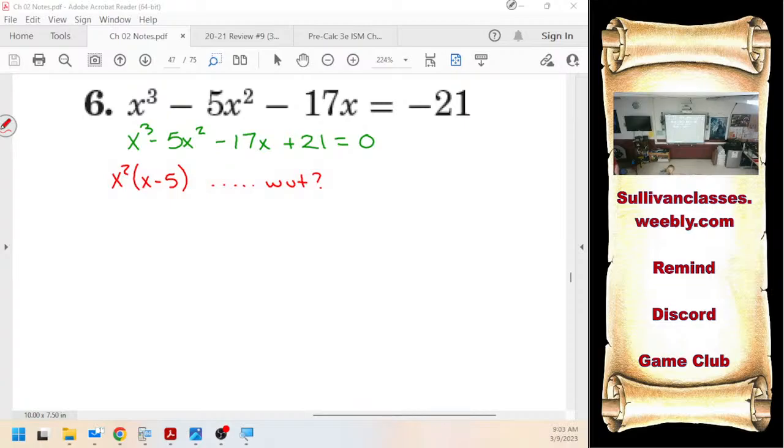And this is why I'm not really a fan of making kids do this method, because I've never seen a textbook that can explain how I'm supposed to split that 17. It's just kind of guess and check numbers in your head.